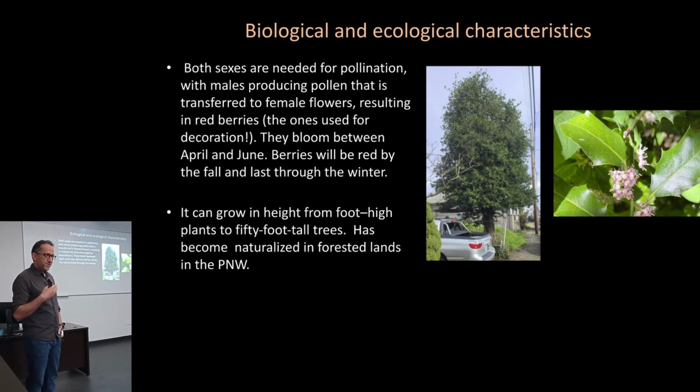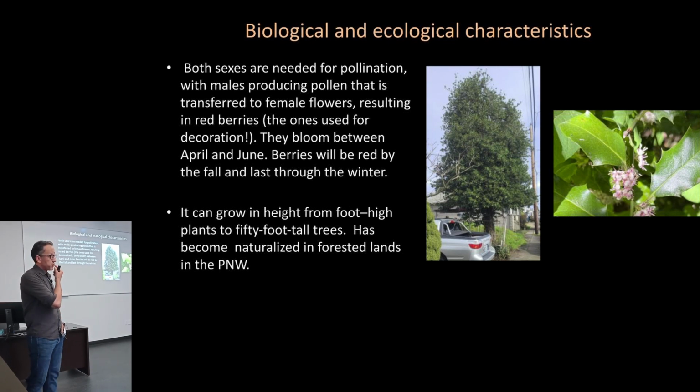As I said, both sexes are needed for pollination. The males produce the pollen that is transferred to female flowers, and then they produce the berries. Pollination happens in the spring, actually during this time of the year when English holly blooms, and then the berries are ripe and ready by the end of the fall season, and they last all the way through the winter.